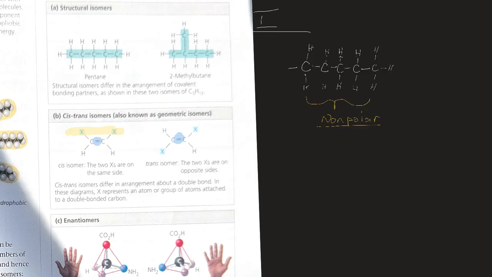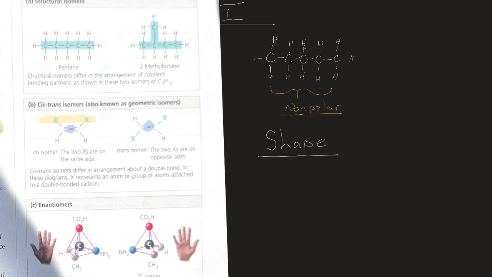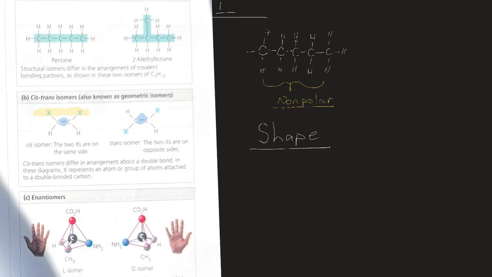Now, this actually becomes very important because shape is probably one of the biggest things that we have to worry about when we're talking about biomolecules. Biomolecules, their function, what they do in your body, a lot of it is determined by shape. The shape of the molecule determines a lot about its function.